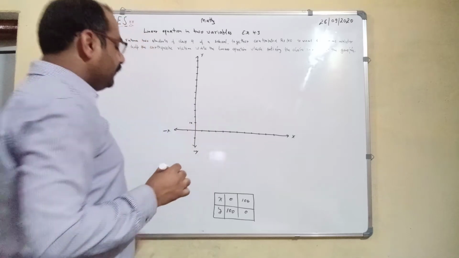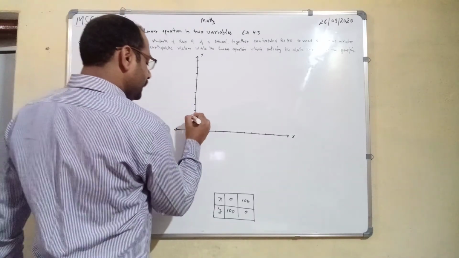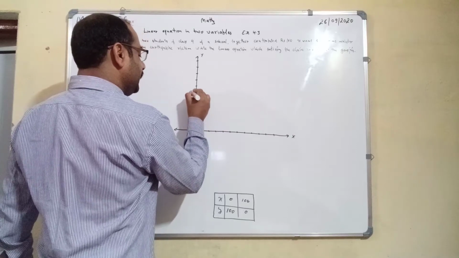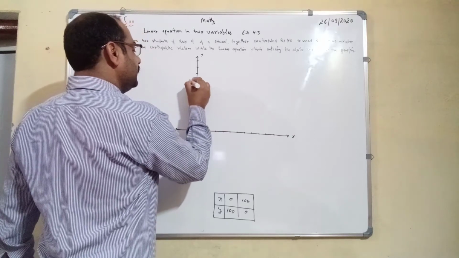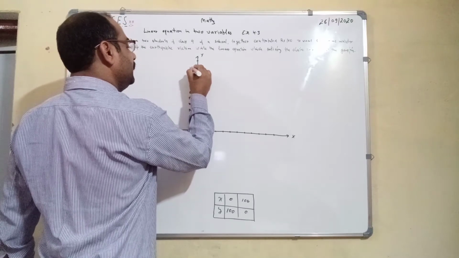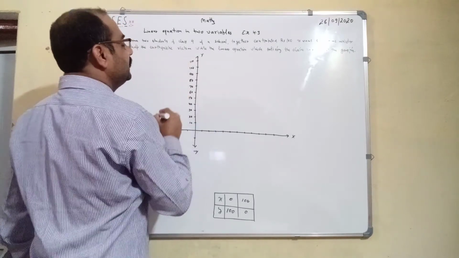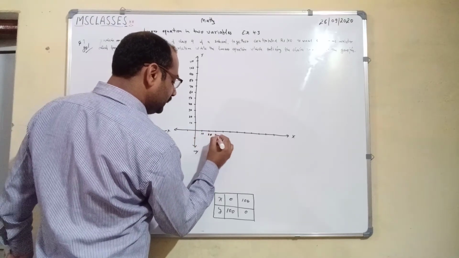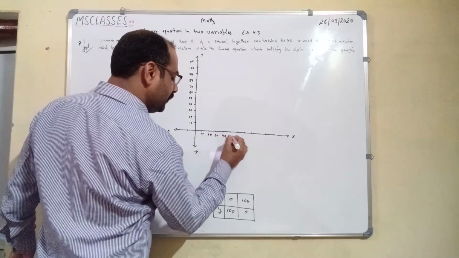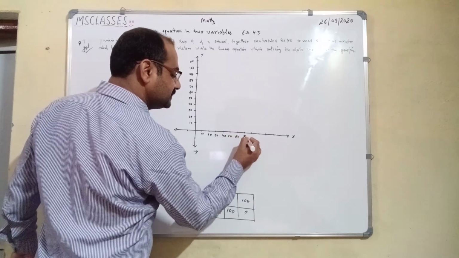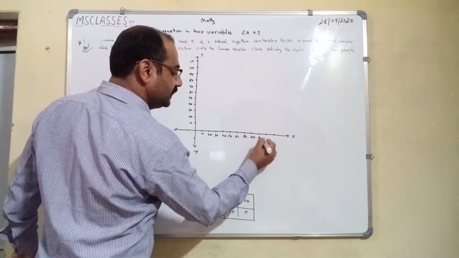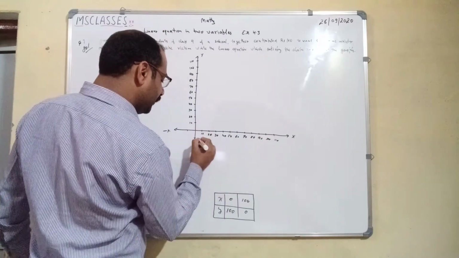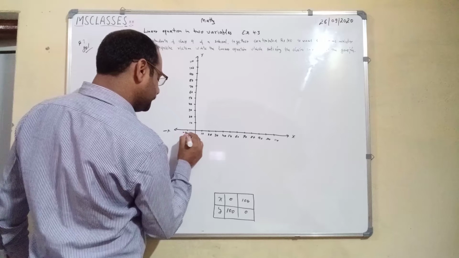We write this as 10, 20, 30, 40, 50, 60, 70, 80, 90, 100, 110. Again 10, 20, 30, 40, 50, 60, 70, 80, 90, 100, 110. Right? Downward minus 10, left side minus 10.